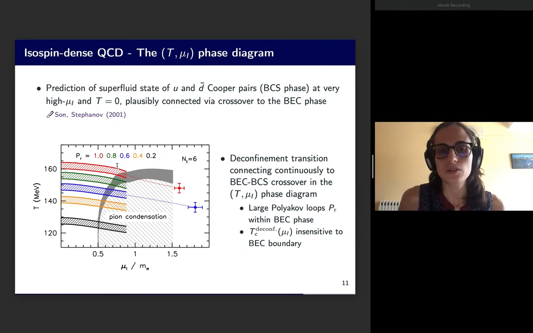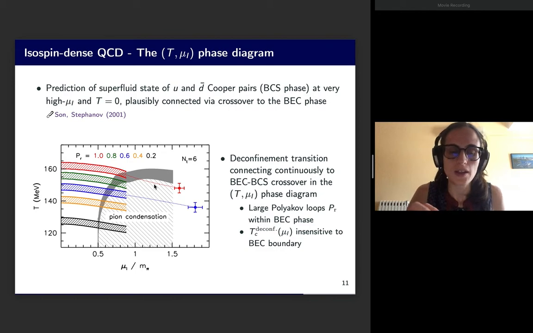Still, there is no numerical evidence for that, other than one can sort of interpret what happens to the Polyakov loops inside the BEC phase as a hint of the fact that one can have effectively deconfined constituents and at the same time Bose-Einstein condensation.